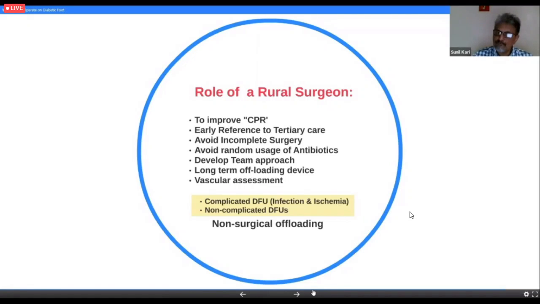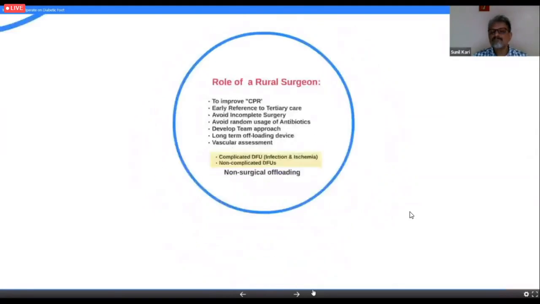Developing a team approach is very important. Long-term offloading devices have to be thought of. Vascular assessment is very, very important, and it has to be practiced in day-to-day practice. For complicated and non-complicated DFUs, you have to plan non-surgical offloading in poor resource settings.